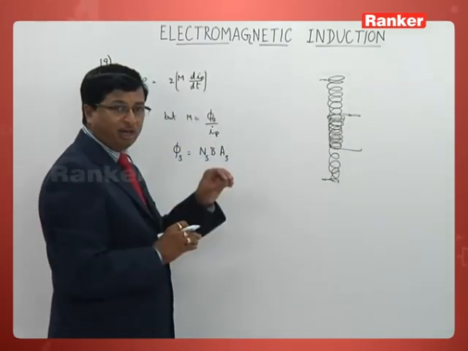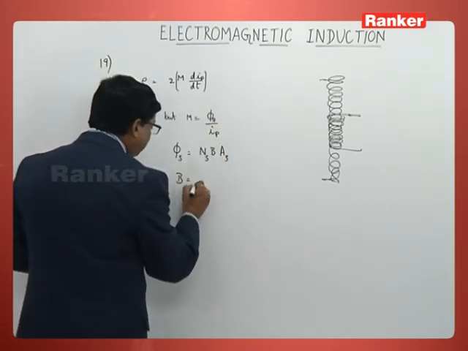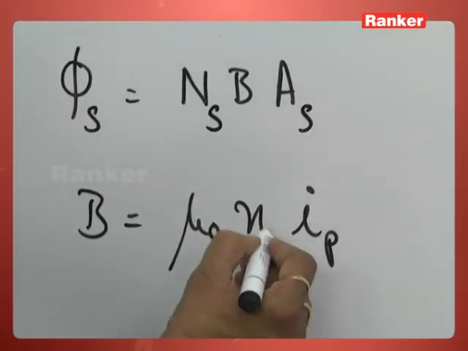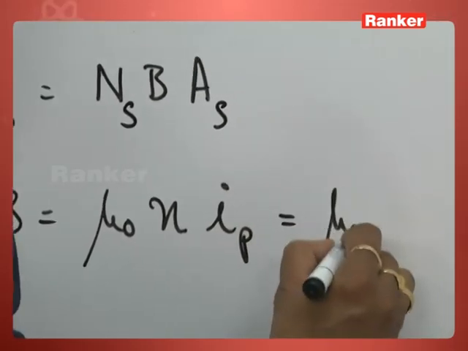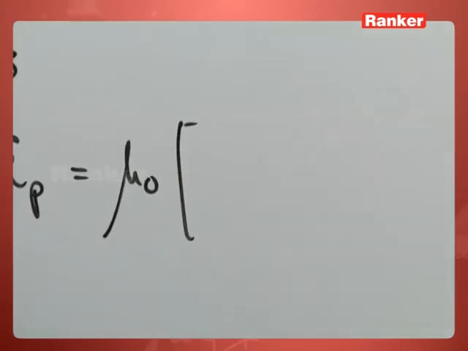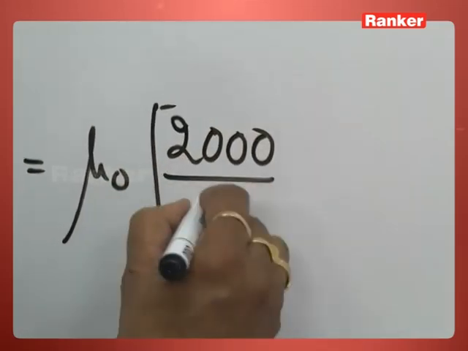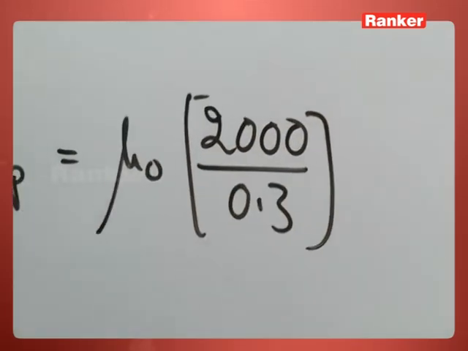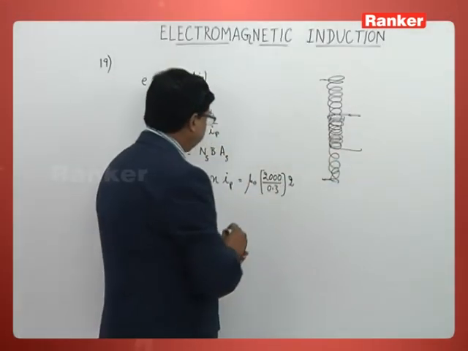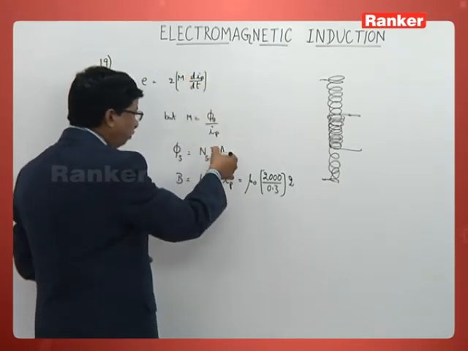Mu naught n into I. So we can write this value: B is equal to mu naught n into I primary. What is this n now? N is nothing other than number of turns per unit length. What is the number of turns he has given you there? 2000 turns per unit length, that is 0.3, into what is the total current that is passing through that one? It is 2 ampere. So I think you might have understood all the 4 separate steps now.